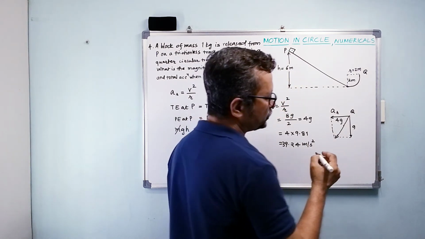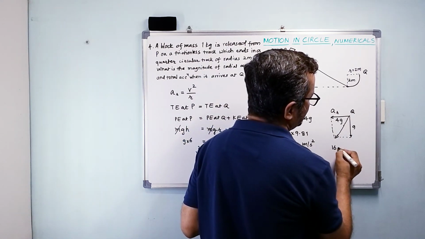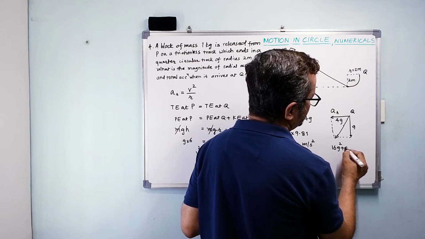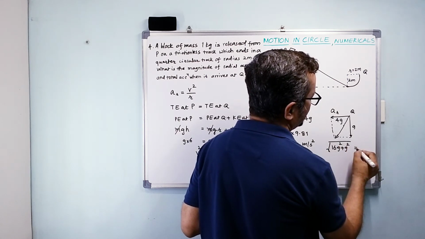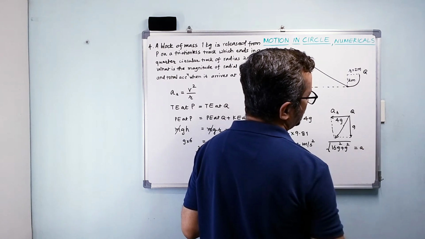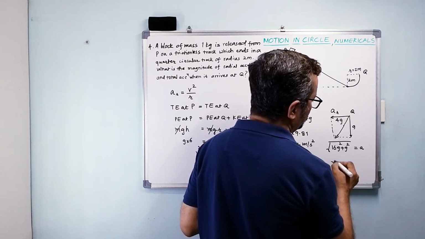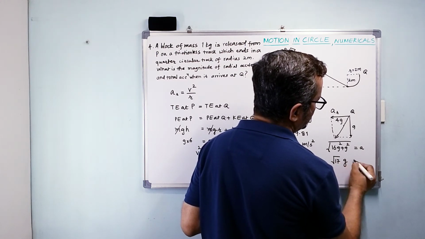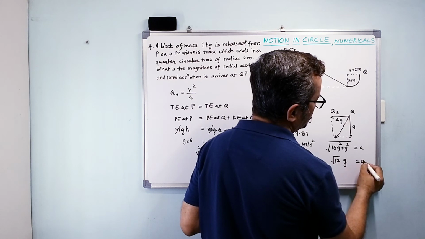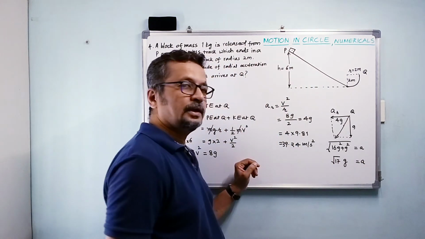So it is going to be 16g square plus g square, and root of that would be my total acceleration. So root 17 into g, that would be equal to total acceleration.